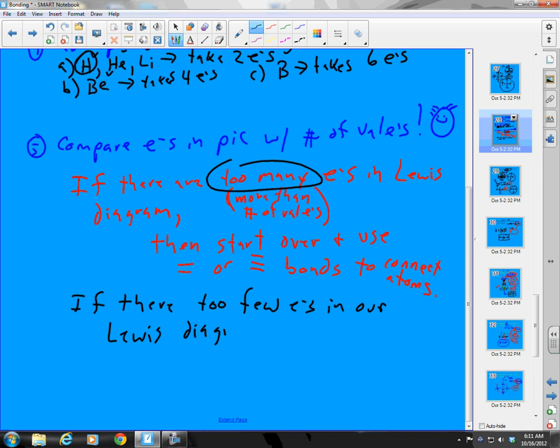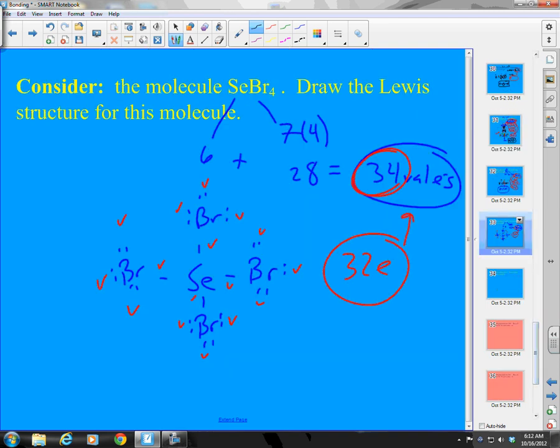What do we do then? Very simple. Add excess electrons on the central atom. So if I don't have enough electrons in my picture, and I have more valence electrons, then I just put them on my central atom. That's easy enough.